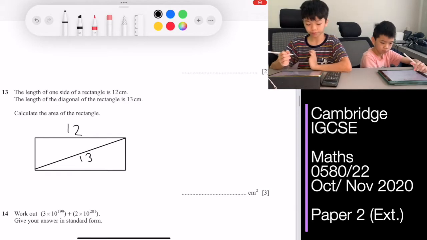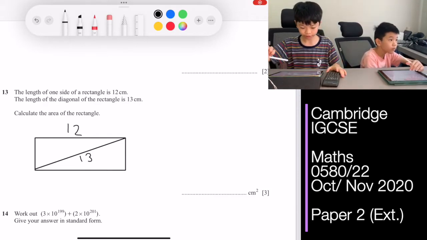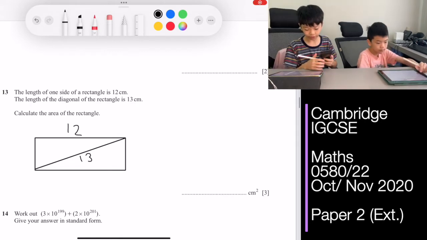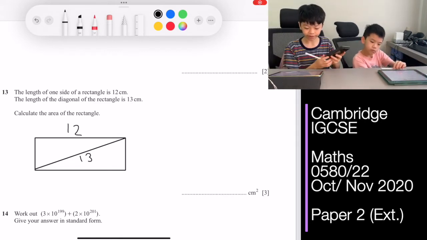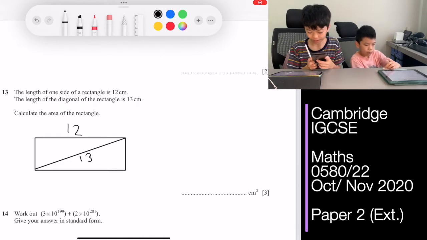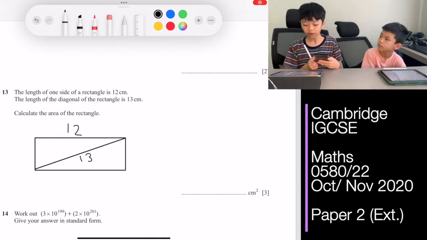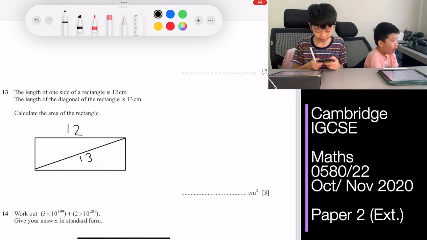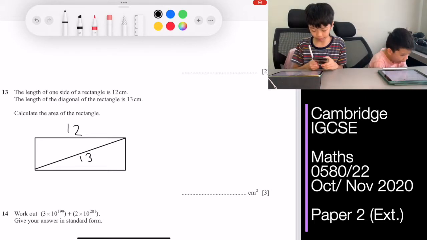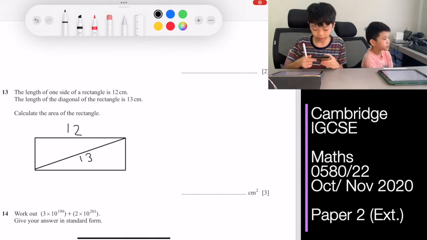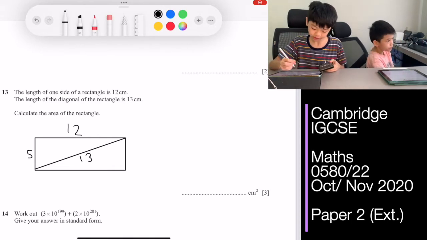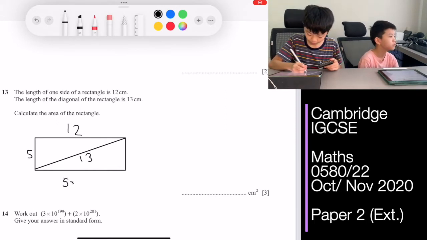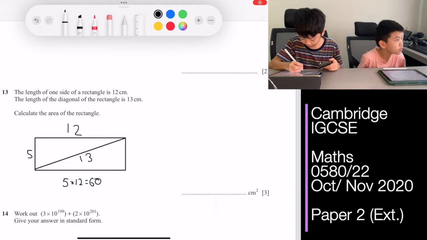So by using the Pythagorean theorem, we can calculate the height if 12 was the width. So x is the square root of 13 squared minus 12 squared. So here is 5 exactly, and 5 times 12 is 60.